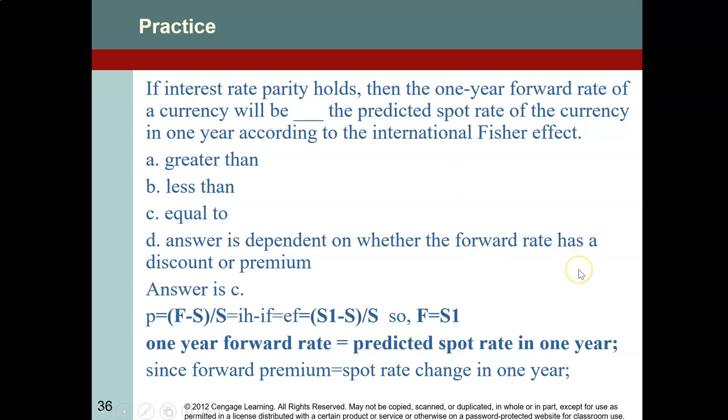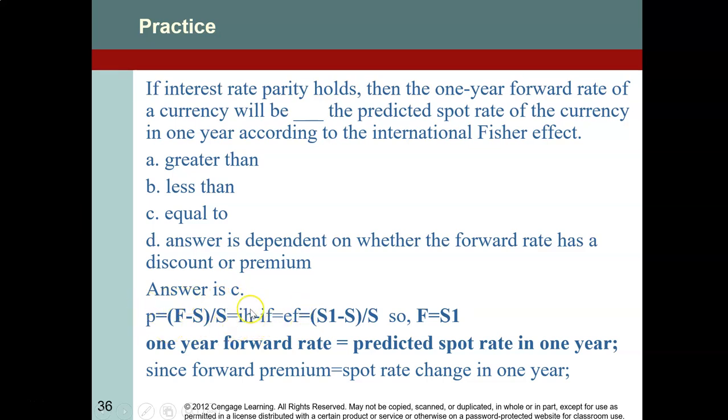For this question, let's first write out interest rate parity. It says that the forward premium P equals the difference between forward rate and spot rate, F minus S, divided by S, and this should be equal to the home interest rate IH minus the foreign interest rate IF.